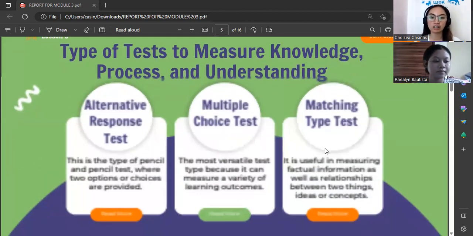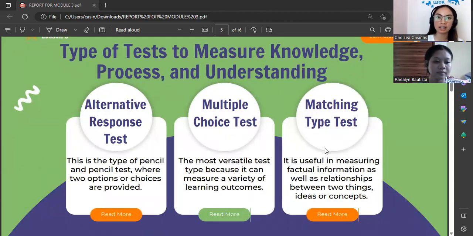Next ay ang alternative response test. Dito naman, it is a type of paper and pencil test where two options or choices are provided. Dito nagkakaroon na ng choices or ng pamimilian.